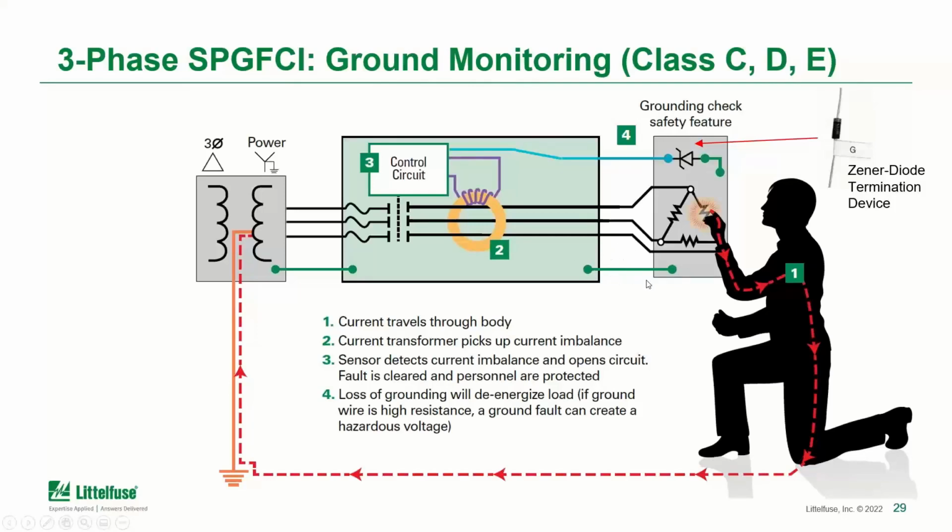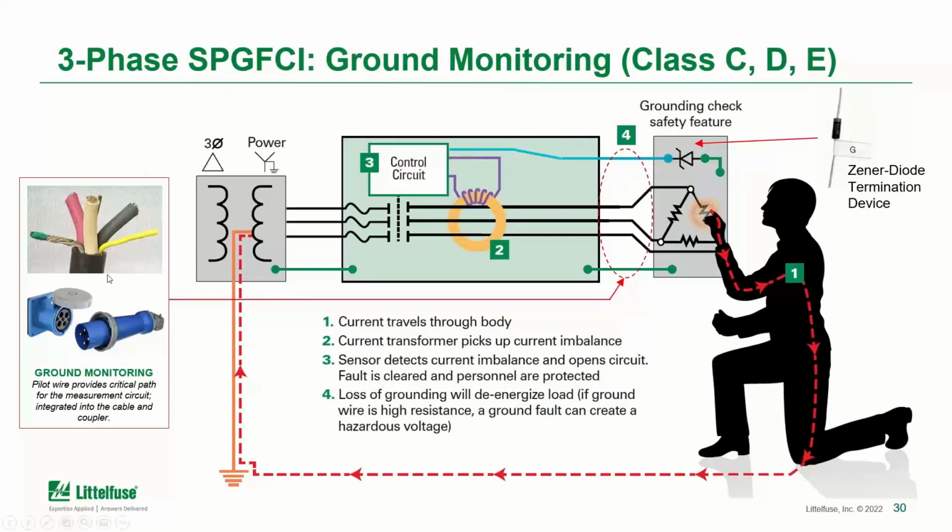We need to make sure that it is intact and that it has a low impedance as well, because we want to make sure that the panel itself on the load would have as low a voltage as possible during a phase to frame fault. The blue conductor shown at the top is a pilot wire that we'll talk about in a little bit, because that is how that ground monitoring is accomplished. If you look at the zoom in here, I'll show a bigger picture in a second.